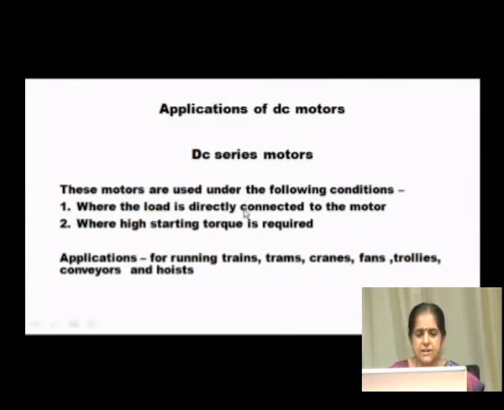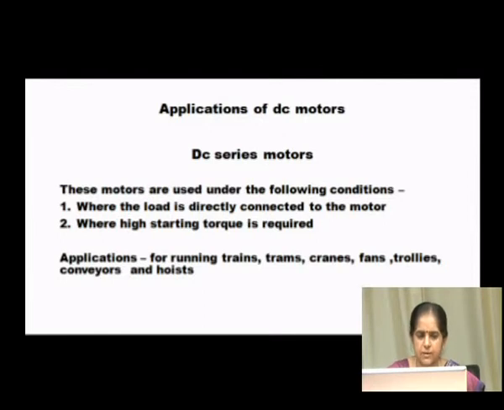What are those conditions? Where the load is directly connected to the motor, and where high starting torque is required. High starting torque means a higher magnitude of current. In this case the magnitude of the current is high, therefore the starting torque will also be high.